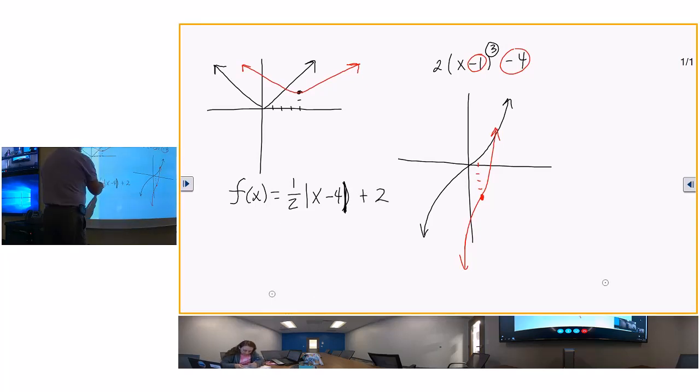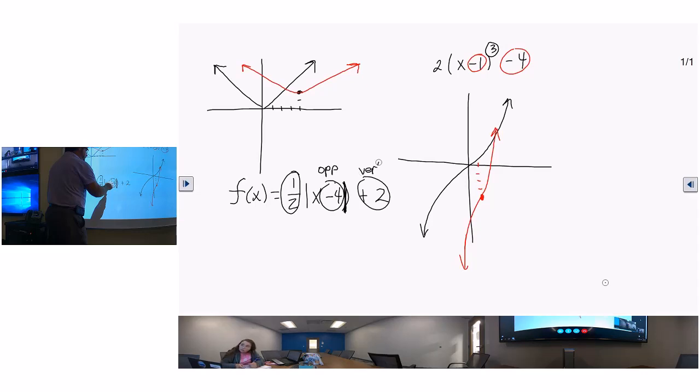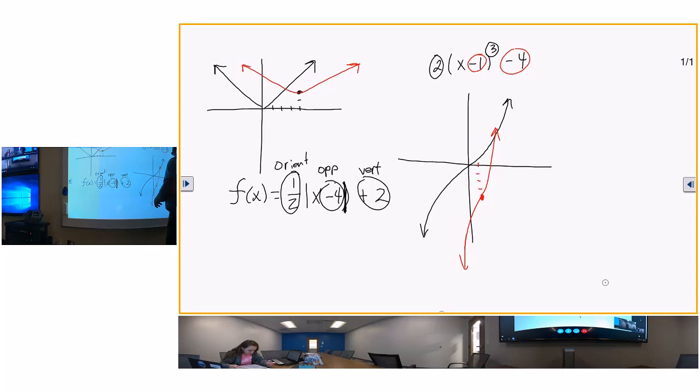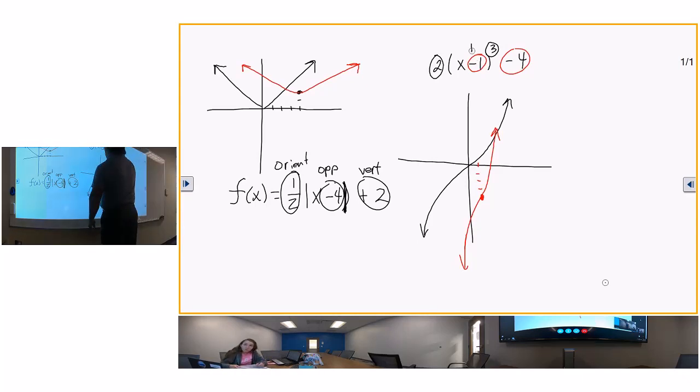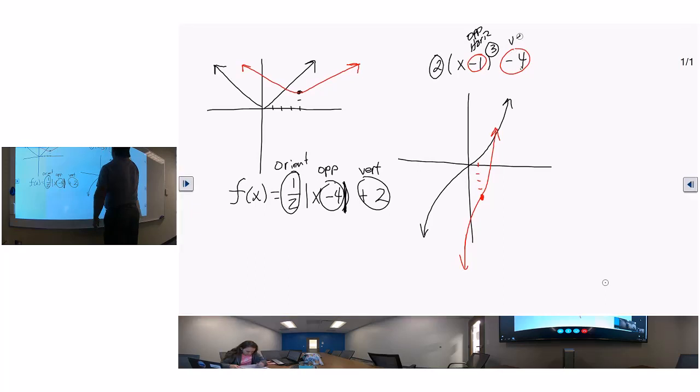Again, you have your orientation, your horizontal shift, which is the opposite, and your vertical shift, which is whatever it is. Same thing here. Orientation: it's a number greater than 1, so it's going to be skinnier. We've got a horizontal shift of 1 to the right, it's the opposite, and we use this as the vertical shift.